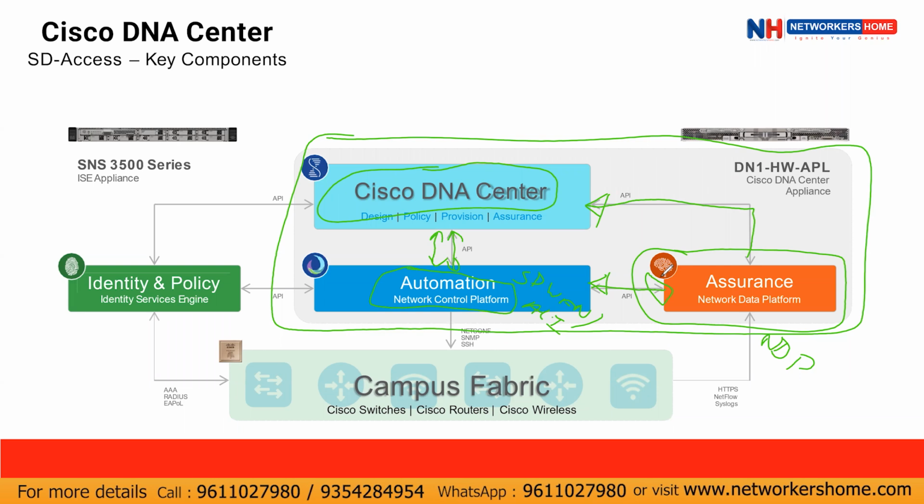This entire DNA Center communicates with the campus fabric on these protocols, which we discussed: NETCONF, SNMP, SSH, and YANG as well. ISE communicates with these devices using AAA, RADIUS, EAPoVLAN for the initial authentication, and we have CTS here as well.